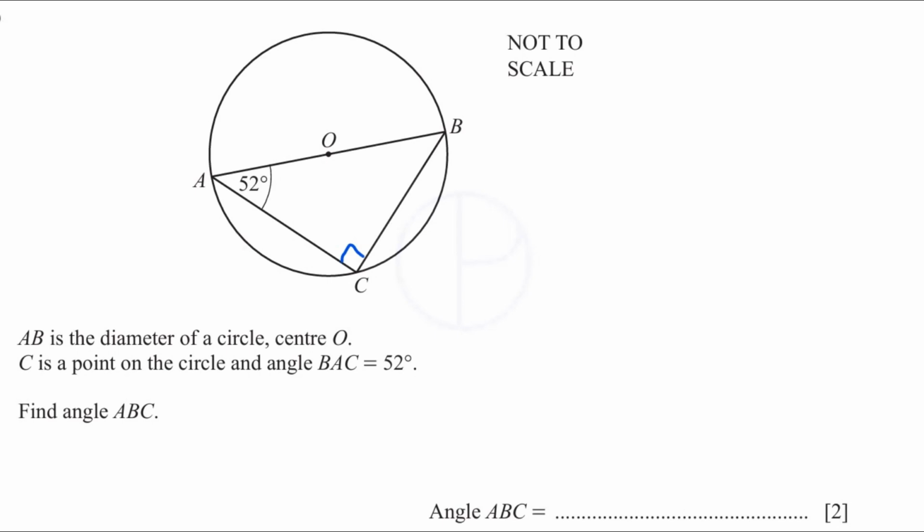So angle ABC is 180 minus angle at A, which is 52, minus angle at C, which is 90. So this is angle ABC.